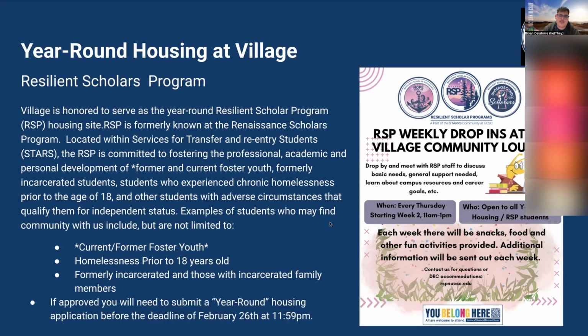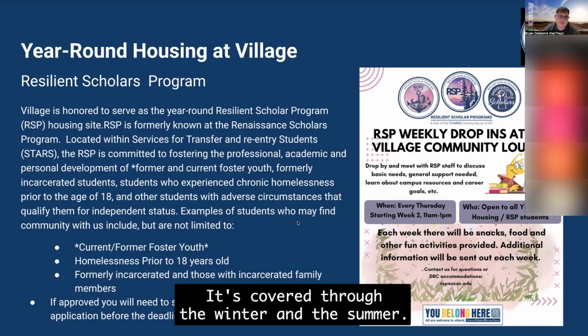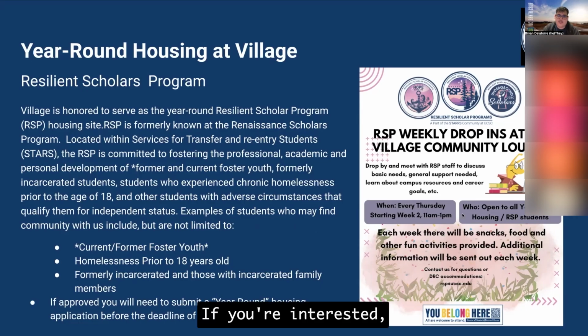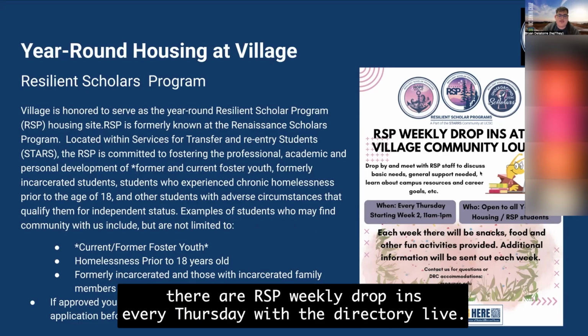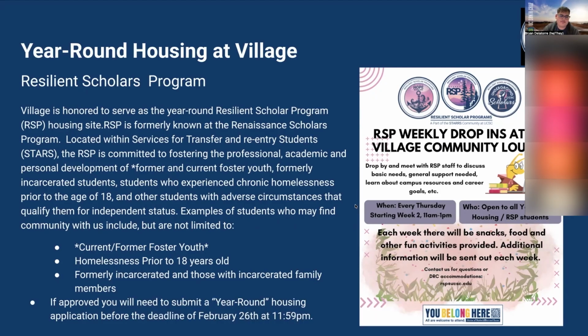Year-round contract, you are starting earlier than the regular academic contract. It's covered through the winter and the summer. If you're interested, there are RSP weekly drop-ins every Thursday with the director Liz if you want to stop by and meet with her to discuss the RSP program.